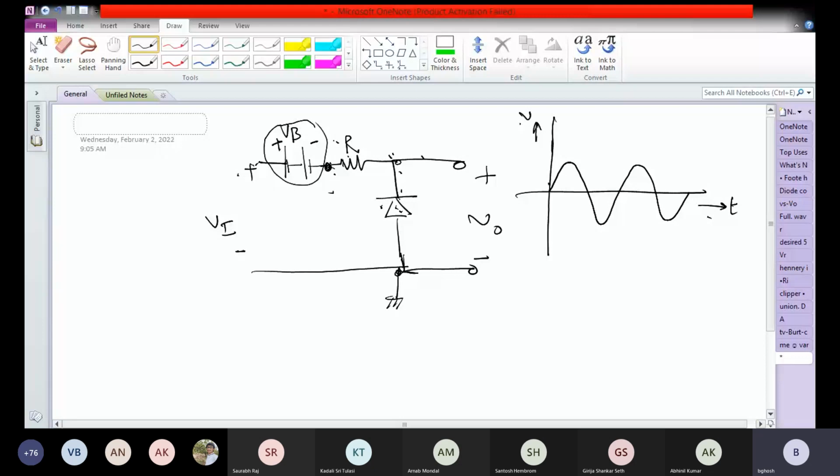You plot the voltage just after the battery. Let us call this point A. You plot the voltage at point A. So what will it be? Vi minus Vb. So let us plot that voltage.